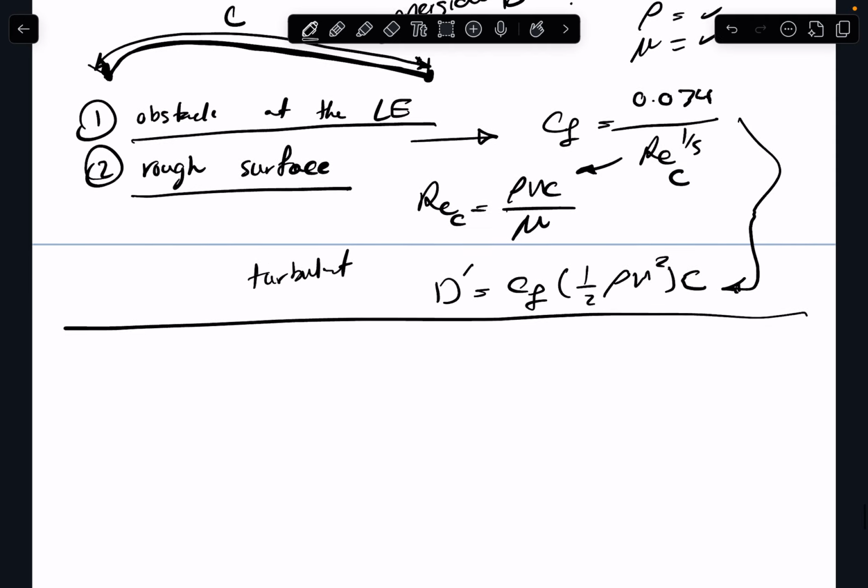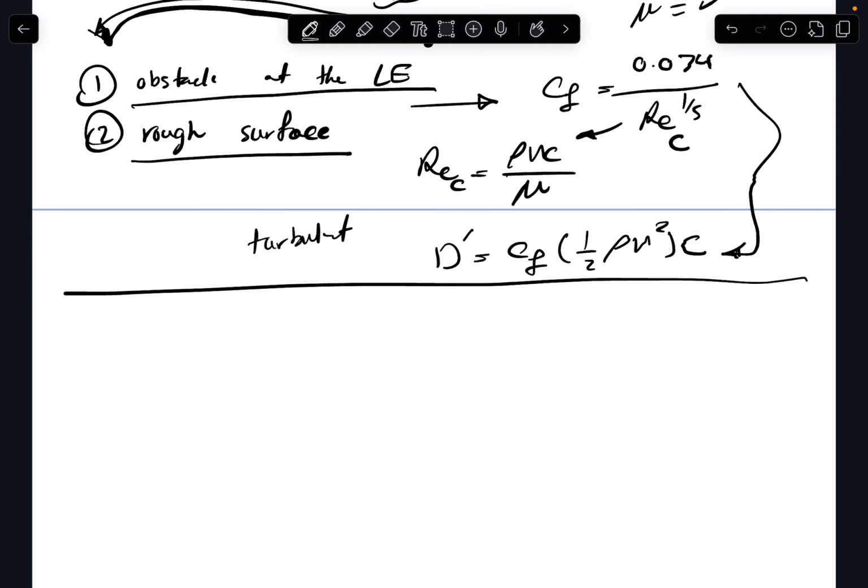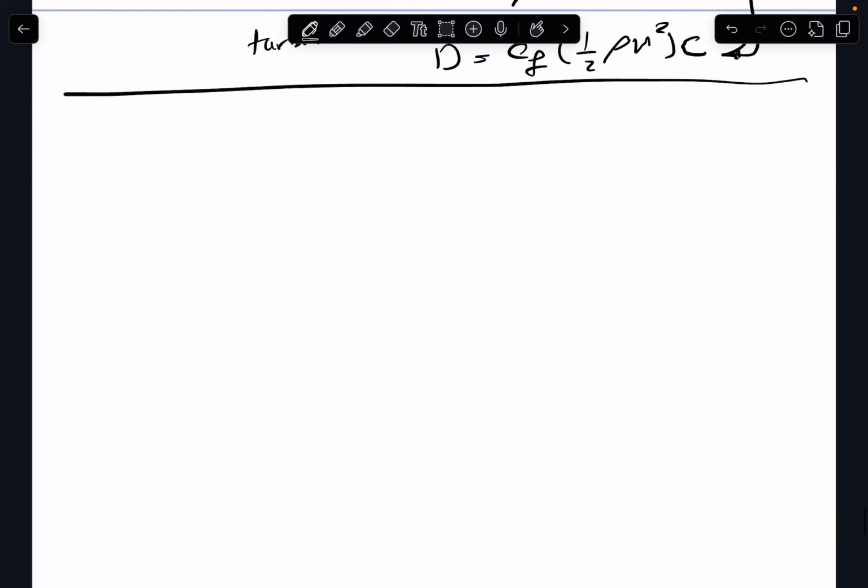But if you didn't have any of the obstacles, the turbulence generating things in place, then the first thing you want to do is to find the transition point, wherever the transition from laminar to turbulence happens. How do we do this? We usually agree that the critical Reynolds number for transition is 5 times 10 to the power 5.